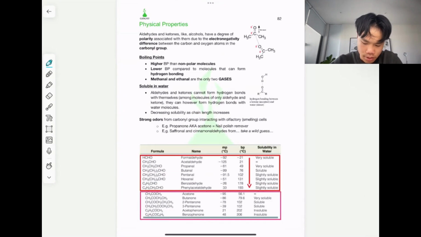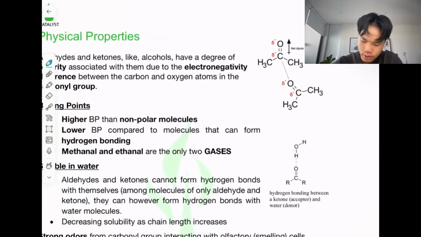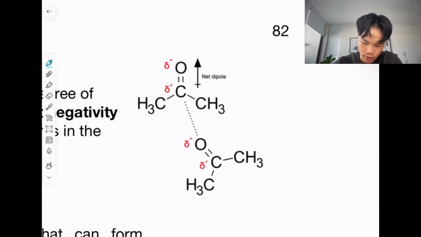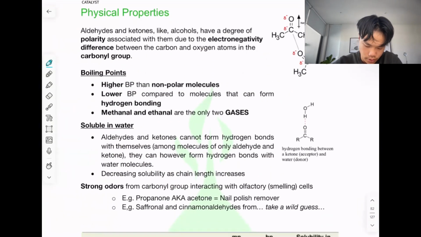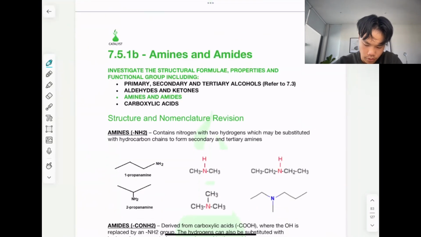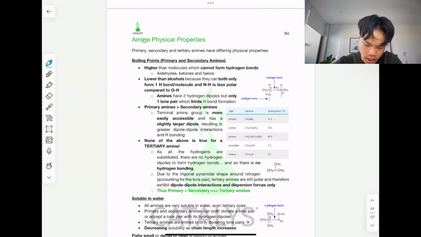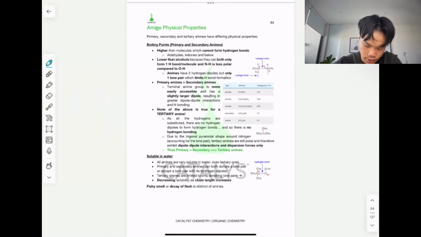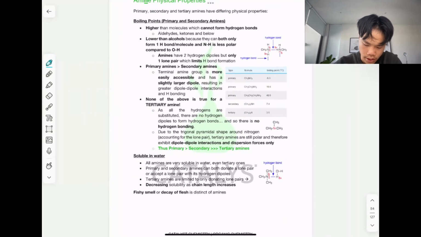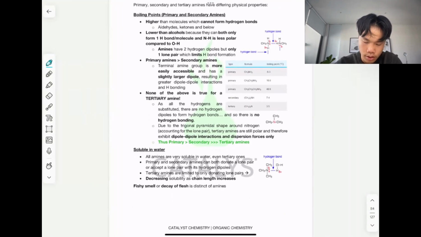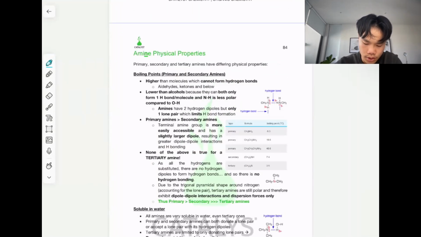Same discussions, boiling points, and here's the diagram for dipole-dipole reference again, Jay, if that's unclear still. Amines, amides, revising the naming, physical properties. Same kind of discussion with boiling point and solubility with alcohols.